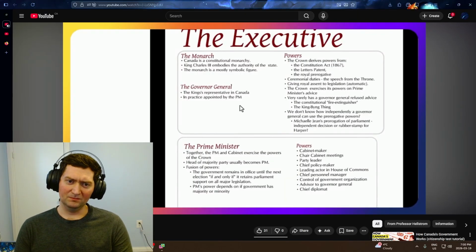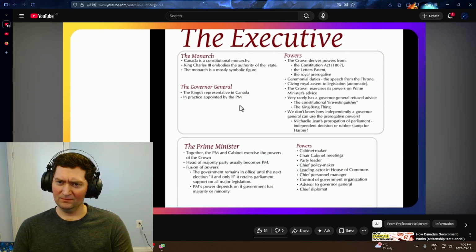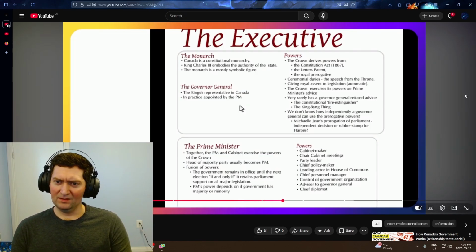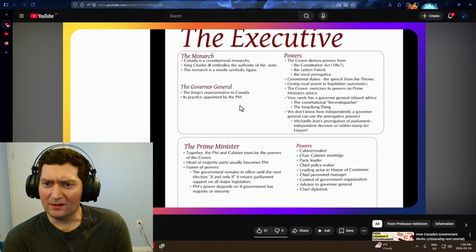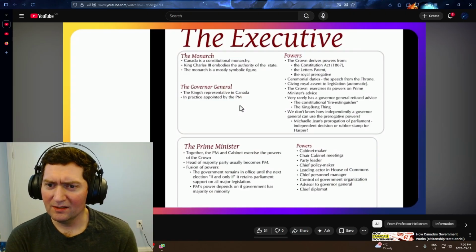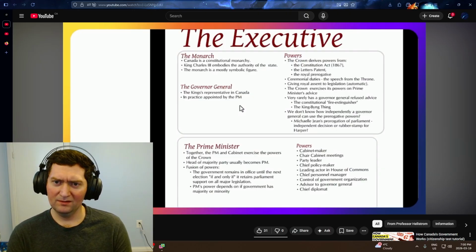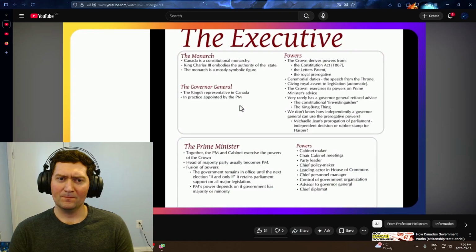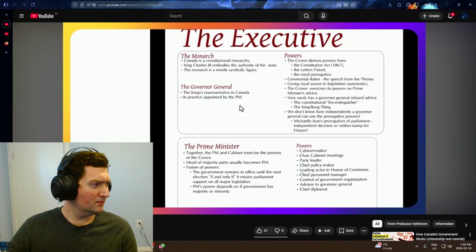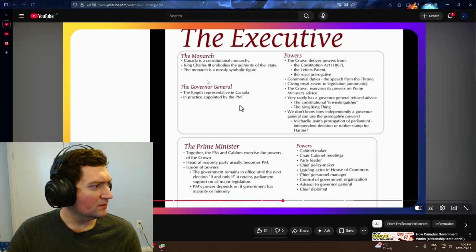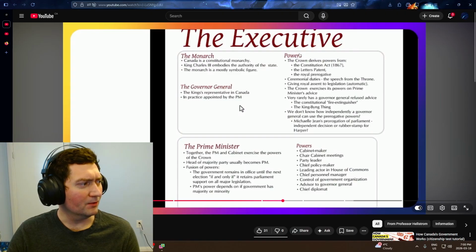The Prime Minister being the head of government and arguably the most powerful individual. The Crown derives power from the Constitution Act. Okay, so I don't think there's really a lot of power in the top one.